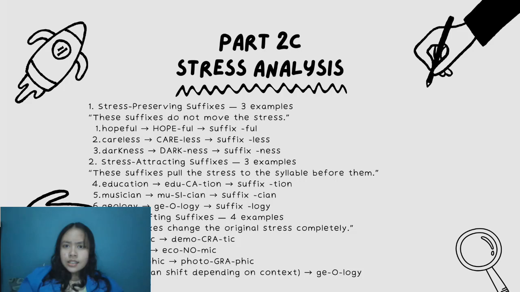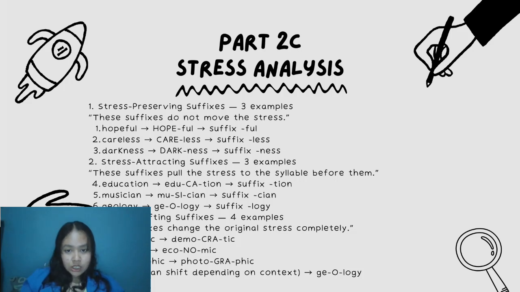Next, in the last section, I analyze stress patterns in derived words. Stress-preserving suffixes include hopeful, careless, and darkness, where stress remains on the base word. Stress-attracting suffixes include education, musician, and geology, where stress moves to the syllable before the suffix.